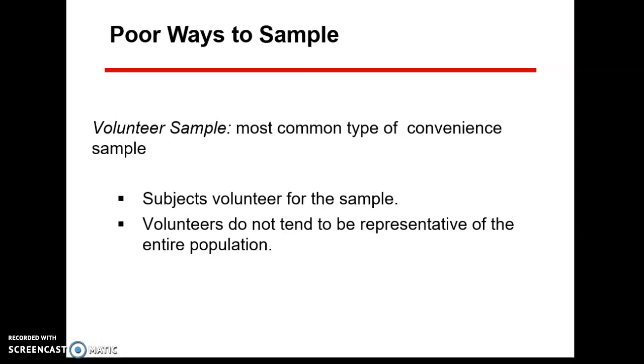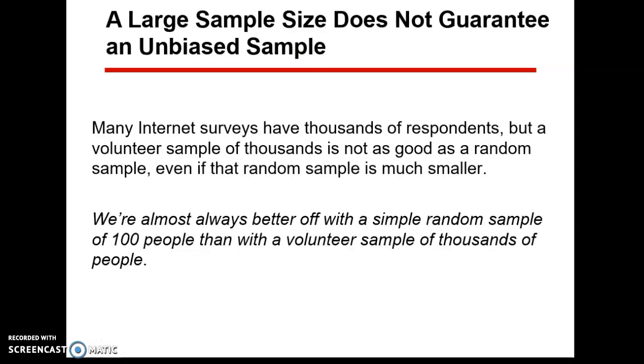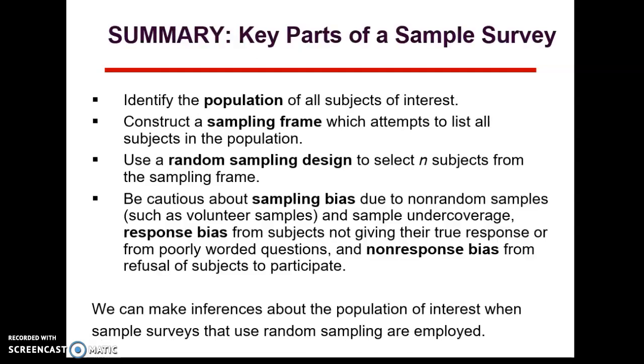So your answers will only correspond to that sample you have, which is not random at all. So go with a simple random sample, not a large volunteer sample. Identify the population, construct a sampling frame, use random sampling, and look for sampling bias of several kinds.